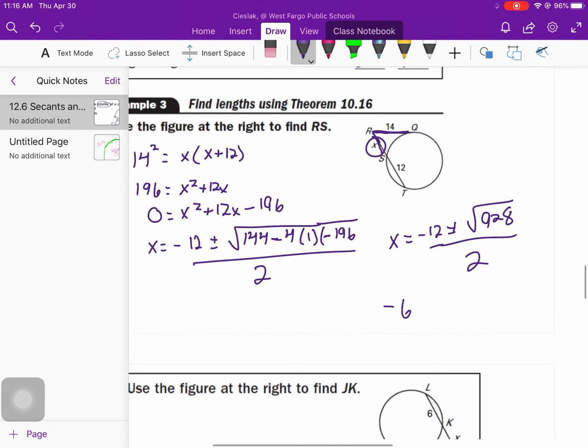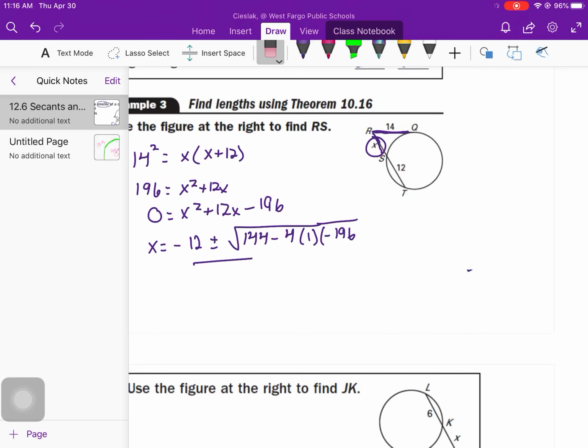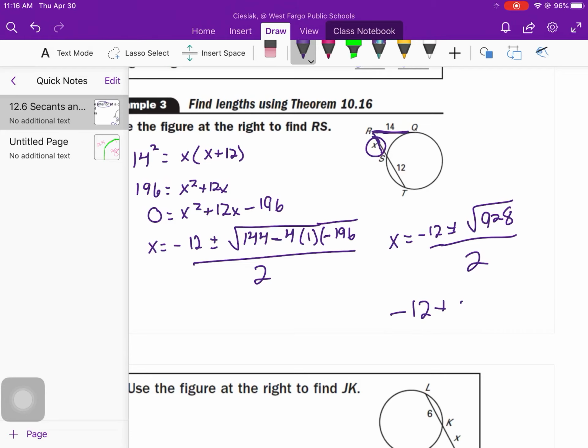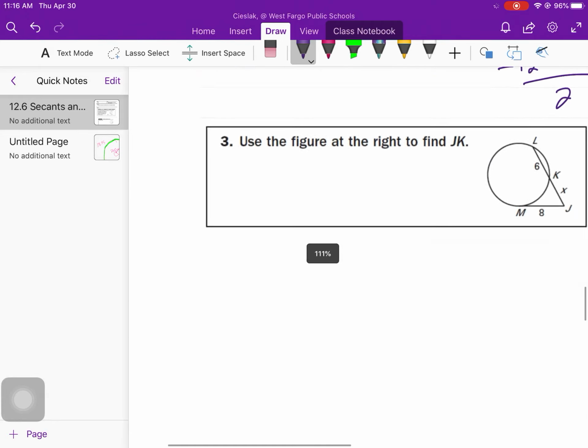The only one I'm going to keep would be negative 12 plus the square root of 928 over 2. And if we type that into a calculator, that comes out as approximately 9.23. Again, throw out the negative because it wouldn't make sense in this problem.